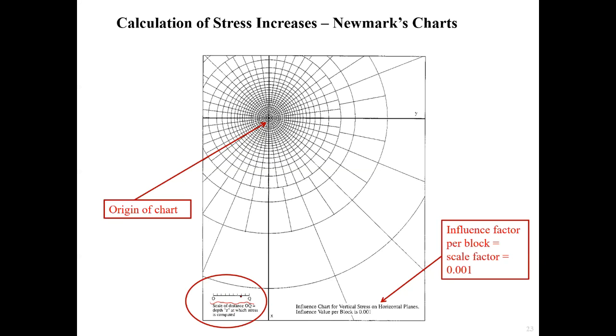The loaded area should start from the correct relative position, which is the origin of the chart. The influence factor per block, the scale factor, equal to 0.01, should also be accounted for.